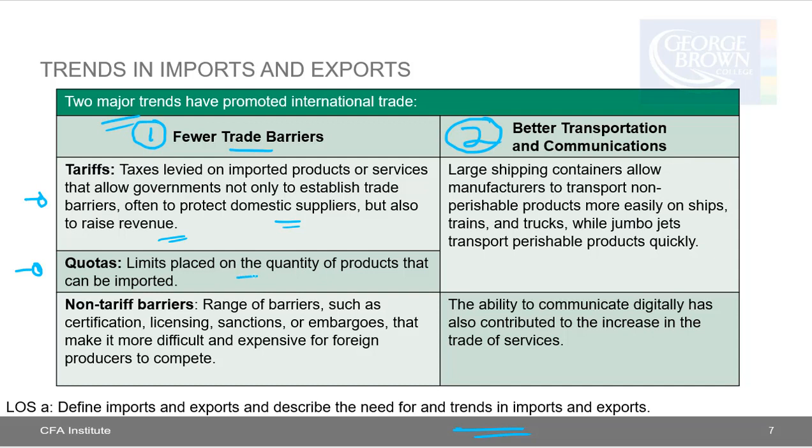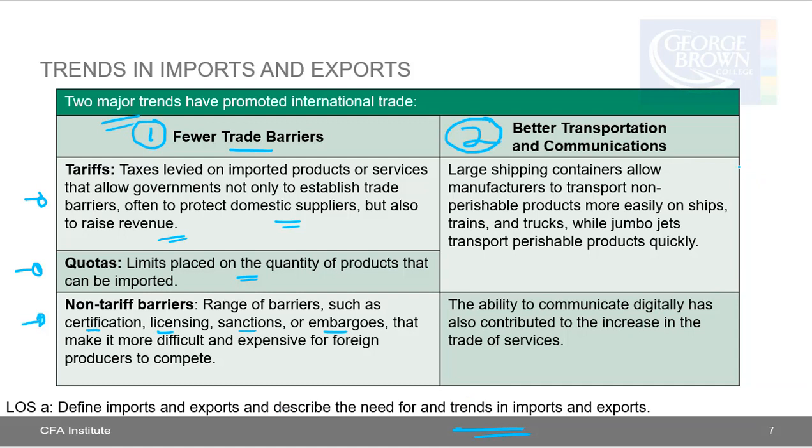Quotas are limits placed on the quantity of products that can be imported. And a third type of barrier are non-tariff barriers, a range of barriers such as certification, licensing, sanctions, or embargoes that make it more difficult and expensive for foreign producers to compete.